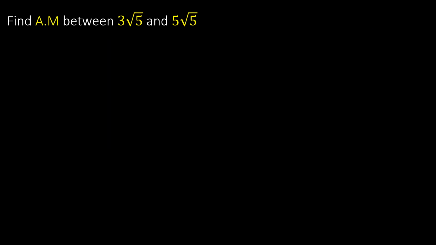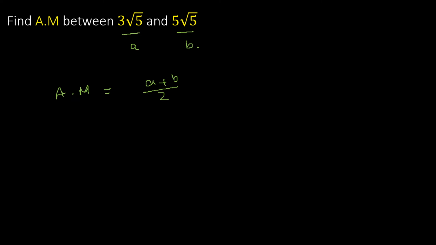So here we have our first problem about the arithmetic mean, that says find an arithmetic mean between the numbers 3 root 5 and 5 root 5. So this is our A and this is our B, and we have to find the arithmetic mean. We denote it by AM here, but you can also denote it by A, which equals (A plus B) by 2.